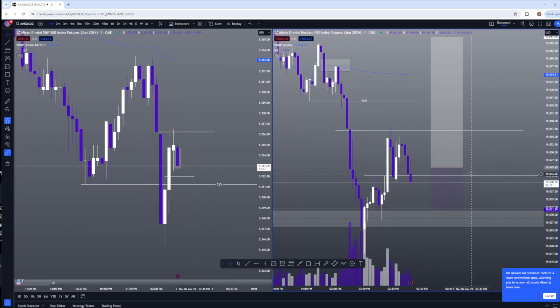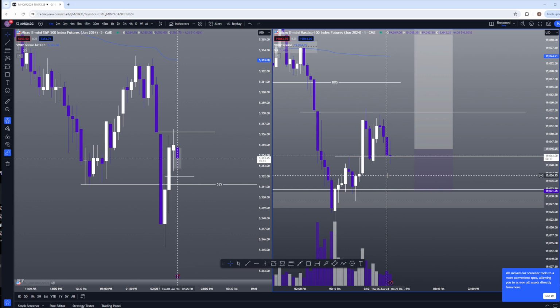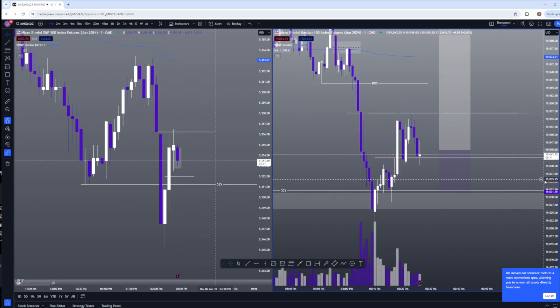Alright, so I'm tempted to get in the longs, but again, just waiting to see if there's one more manipulation here.